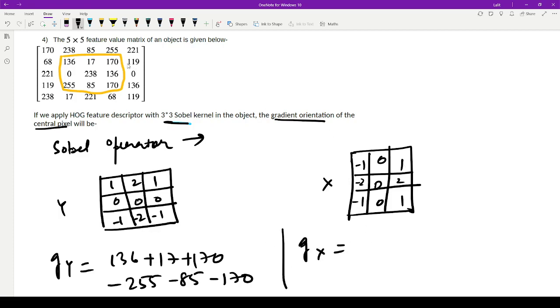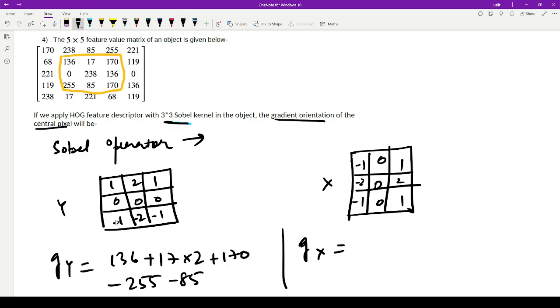Okay, I did something wrong. So it is 136 into 1, 17 into 2, and 170 into 1 from this corner.